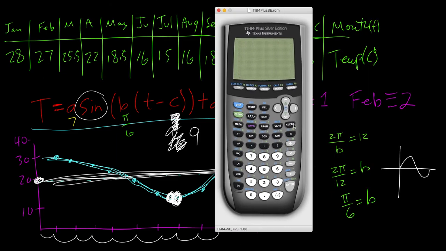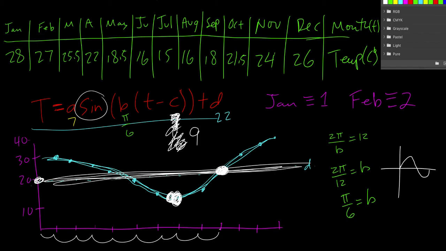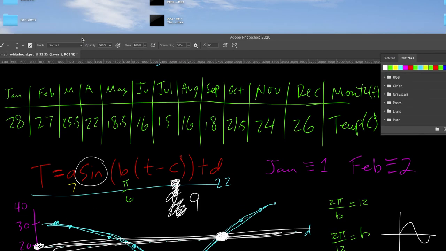And we need to enter it in. And I think I'm just going to show you on Desmos for now, because it's a little bit easier to see. So let's see.